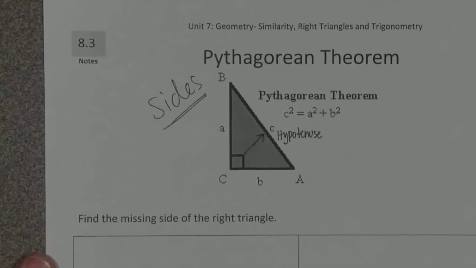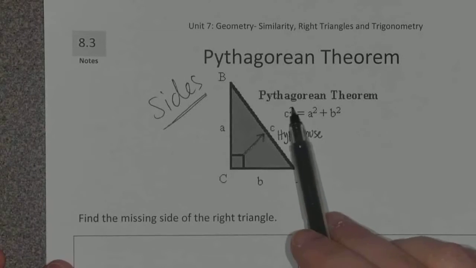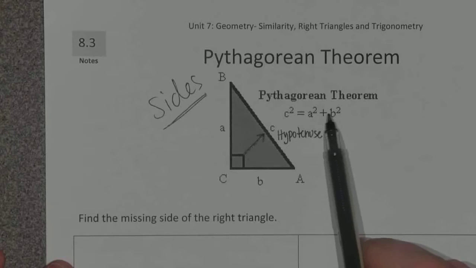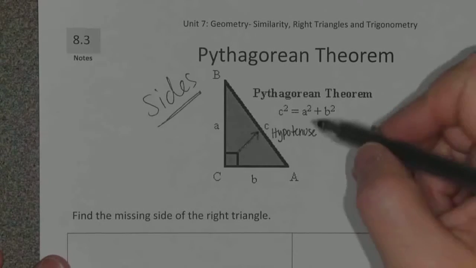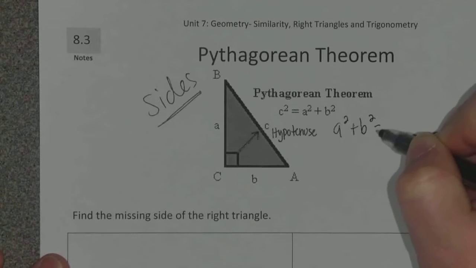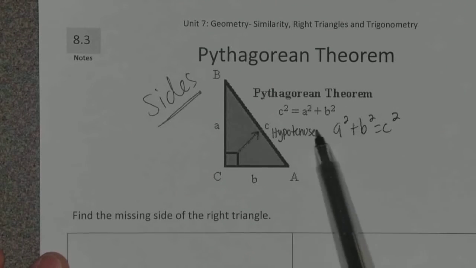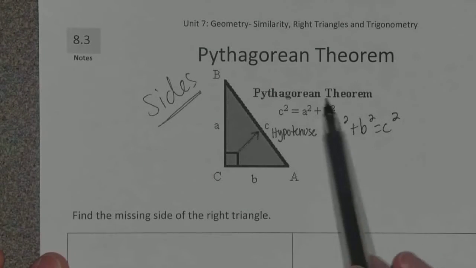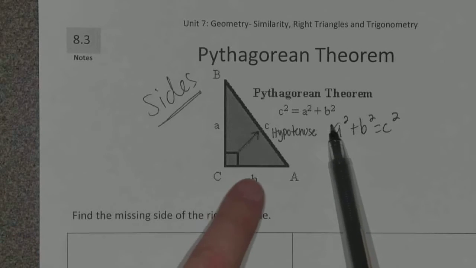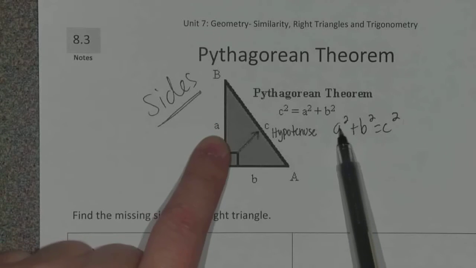Okay. So we have this rule that says if I want to know the hypotenuse, I can go A squared plus B squared and it equals C squared. This is kind of written backwards than the way I normally write it. I like to write it in this order. But is this the same as that formula right there? It is the same, right? So I'm going to take one side of my triangle and square it.